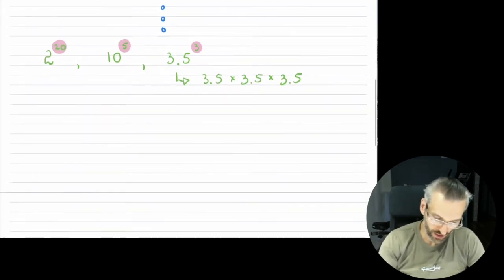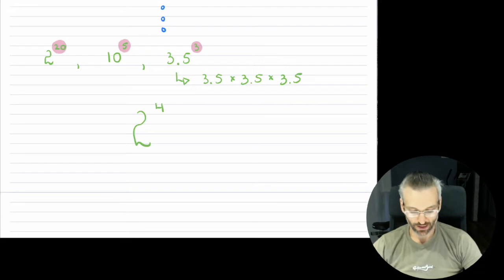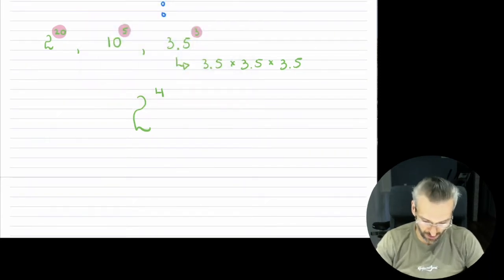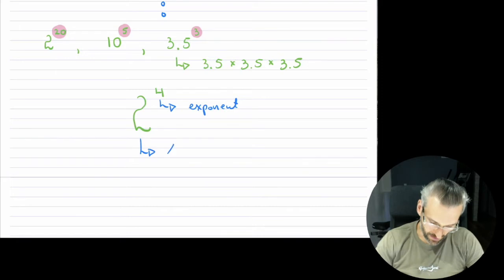So if you do write this out, for instance, when we wrote 2 to the power of 4, there is some terminology that you probably should know. So you know that this means an exponent. This right here, the number that is actually repeating, we call that the base.